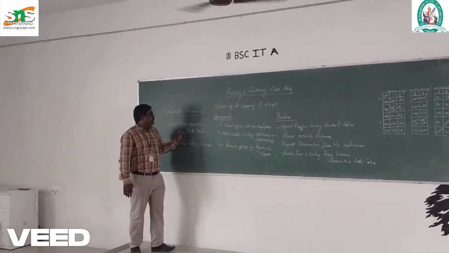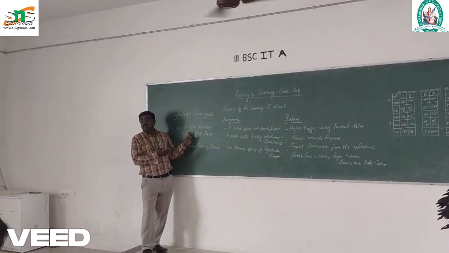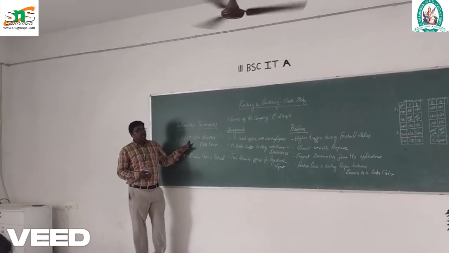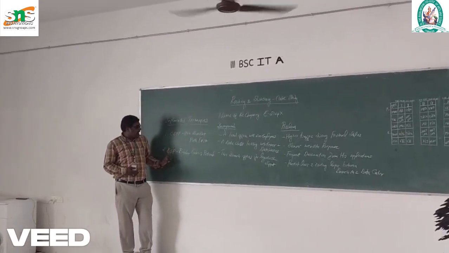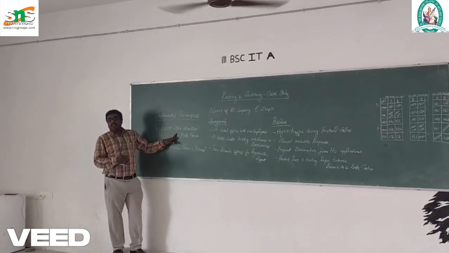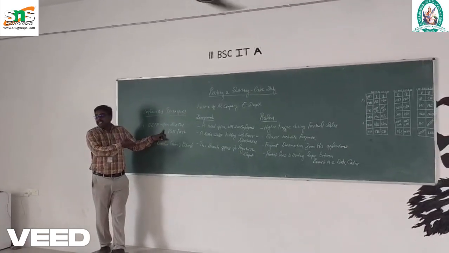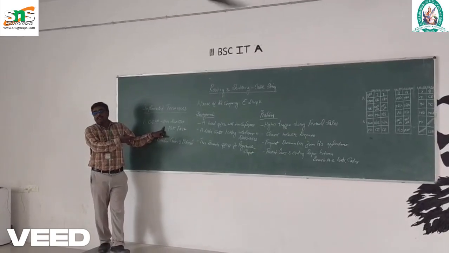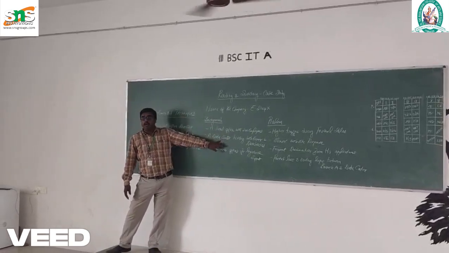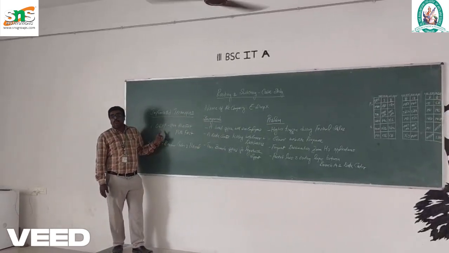To solve this, they implemented the routing protocols we discussed this morning. The first one is Open Shortest Path First, and the second one is the Border Gateway Protocol. These two protocols were not implemented initially. After a lot of analysis, they found that this problem could be solved using these two protocols.